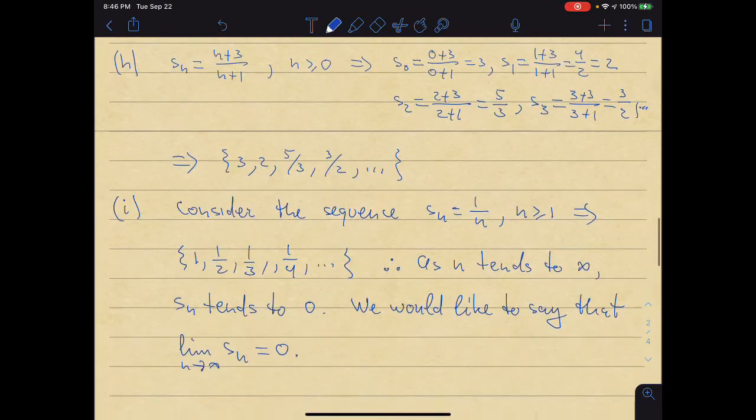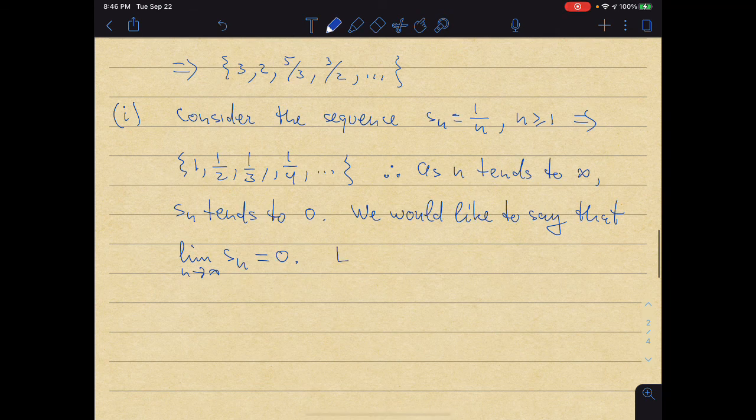Okay, so then in the case H, likewise, we would expect that the limit as n goes to infinity of n plus 3 over n plus 1 is equal to 1.